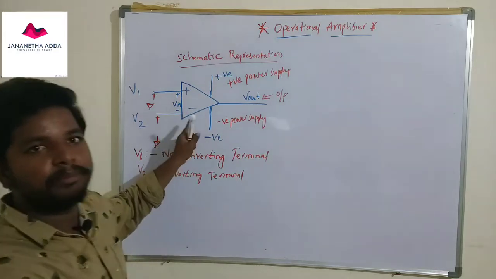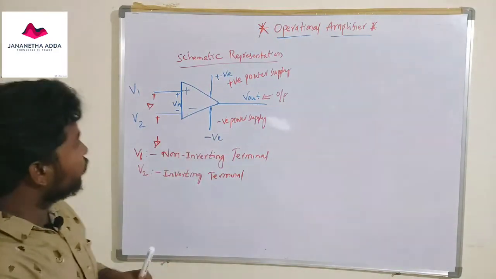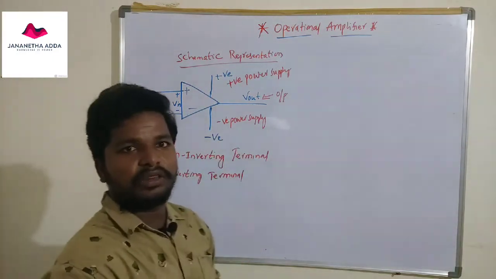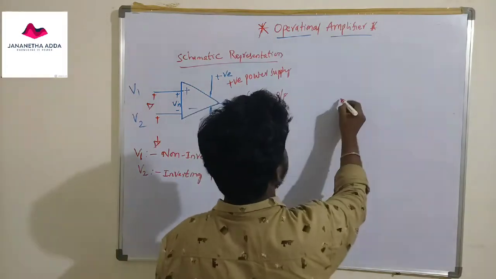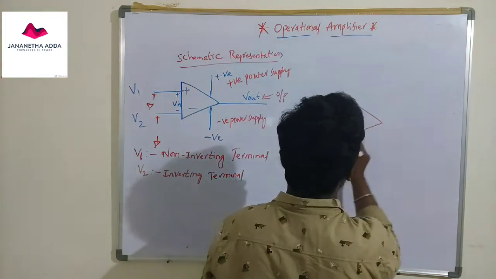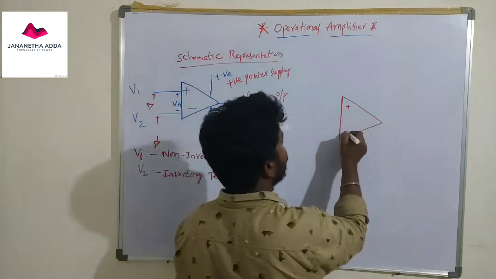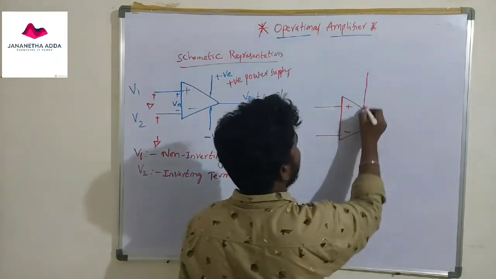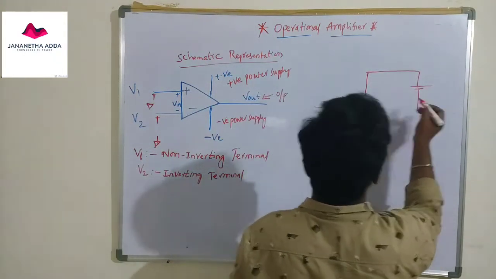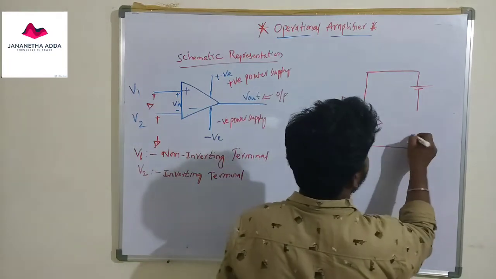We will discuss the importance of V in next. If I represent this same circuit with a single common ground, because we are using two grounds, I have a positive and also a negative supply.